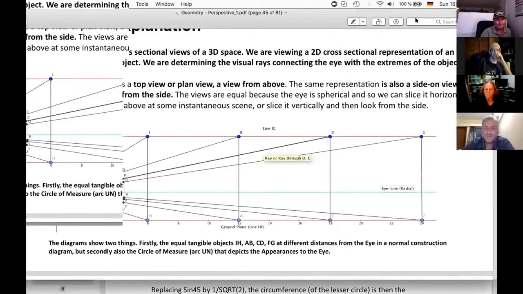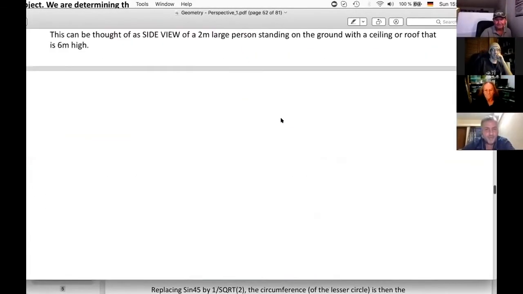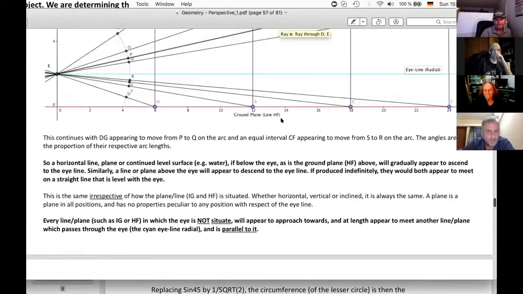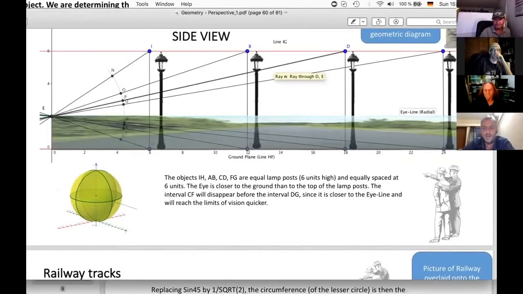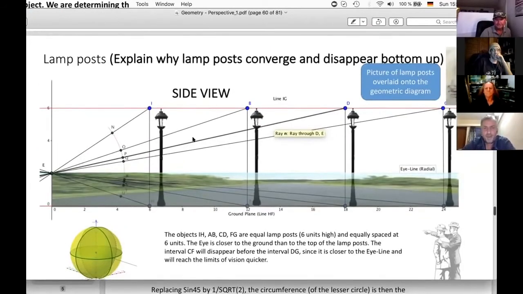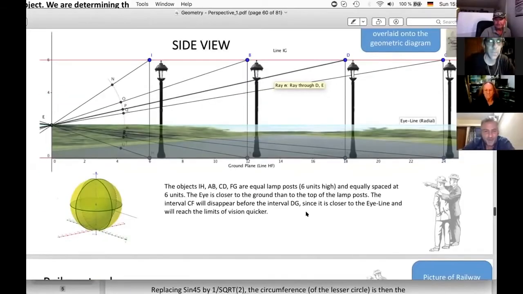Let me just skip through this document because I think this basically takes us through the theorems that are in that document. But I'm pretty sure I had some examples to try and make this a little bit easier for people. So, explaining why lampposts, I've just put lampposts in there, and I've tried to explain it a little bit more.